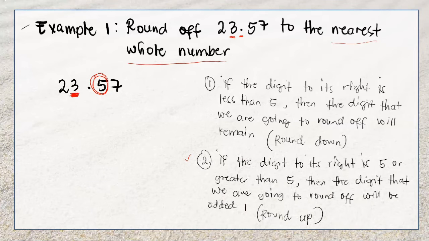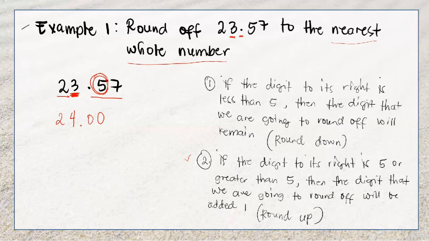Therefore, 3 becomes 4. So again, round up tayo. After that, we change the digit to its right to 0, and we copy the digit to its left. Therefore, our answer here is 24.00.